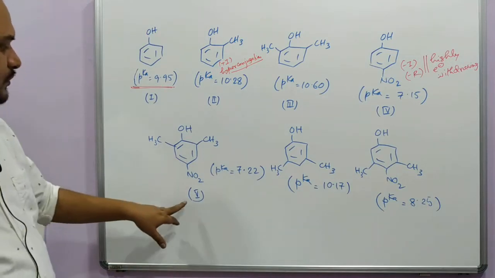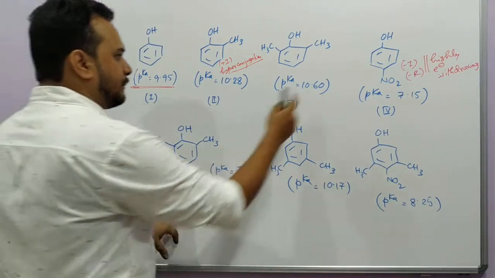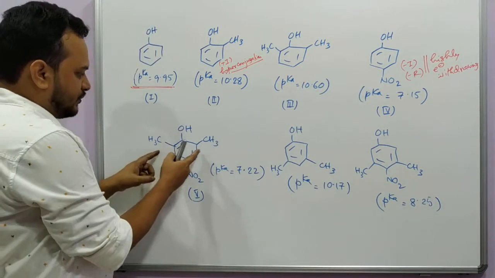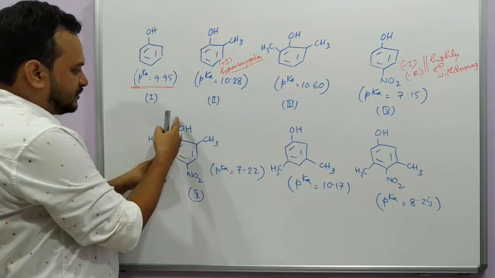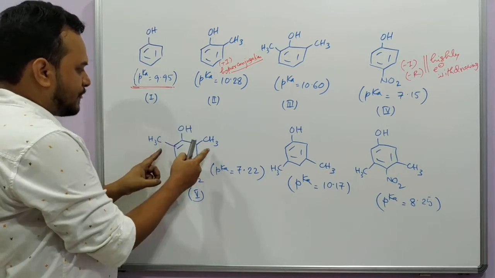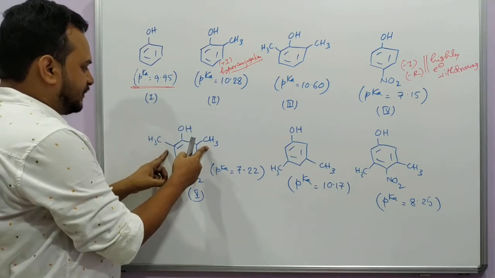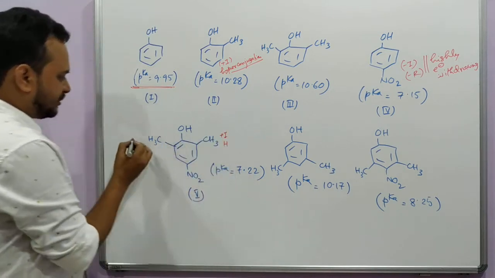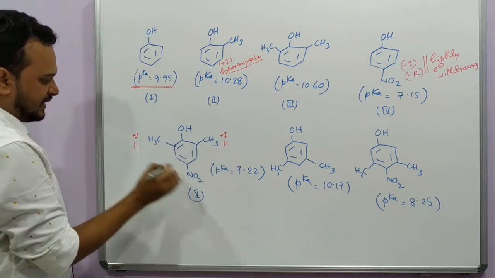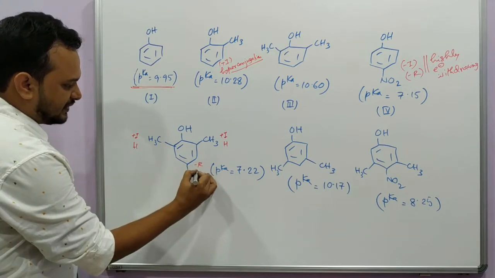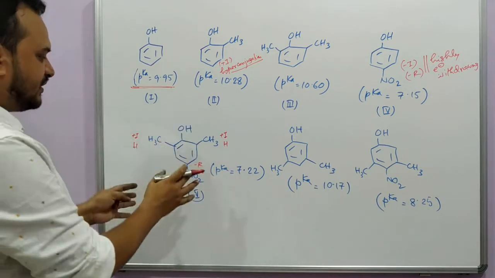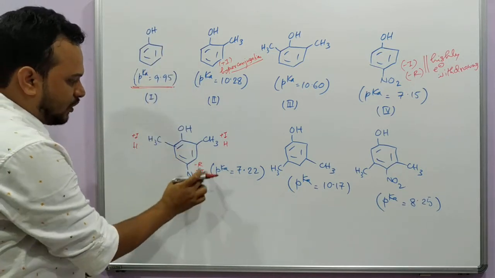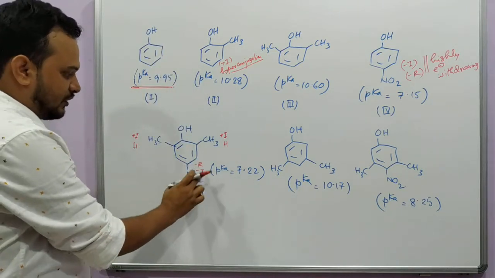Now come to 5. So when we compare 4 and 5, both are paranitrophenol, but here at the ortho positions with respect to the phenol OH group, we have two methyl groups. These two methyl groups are exerting plus I as well as hyperconjugation, and this NO2 is exerting minus R, minus I. So the net result is, it is a stronger acid than phenol because of the strong electron withdrawing effect of this NO2 group.